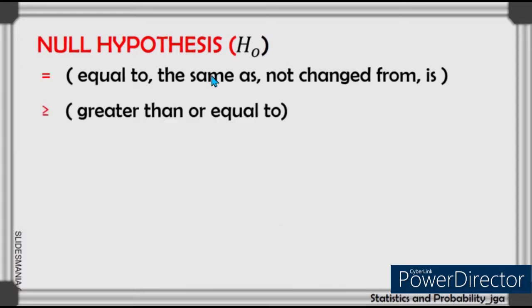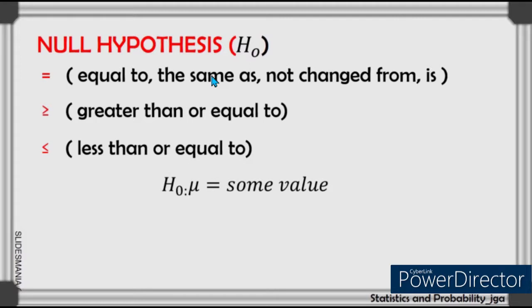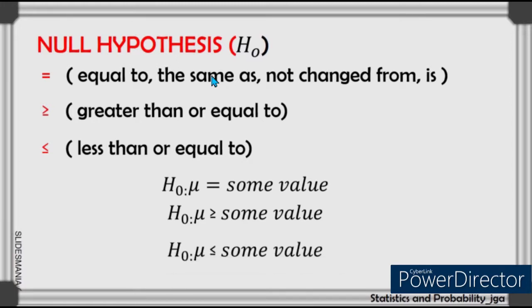Or another one is greater than or equal to, then less than or equal to. This can be expressed in any of these three possible forms. The null hypothesis equals some value. The null hypothesis is greater than or equal to some value. And the null hypothesis is less than or equal to some value.